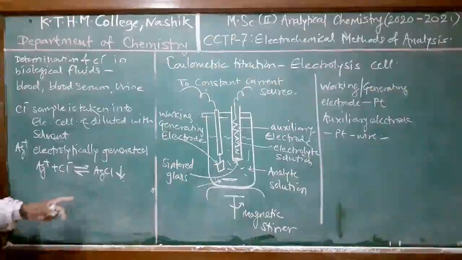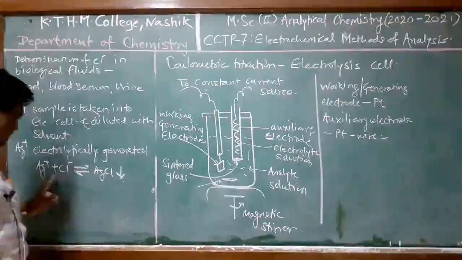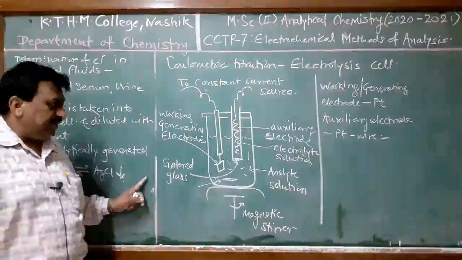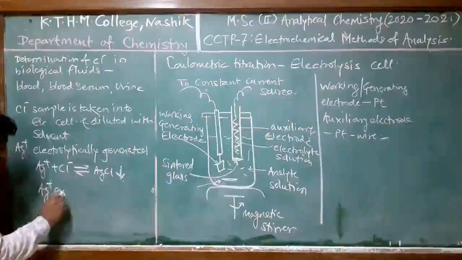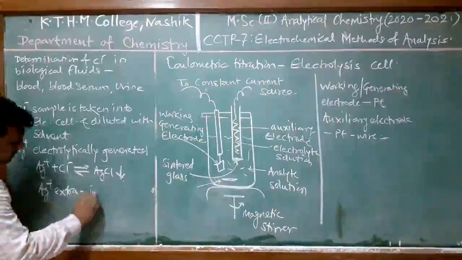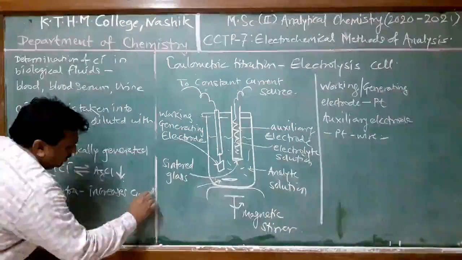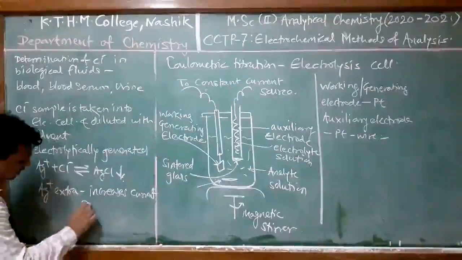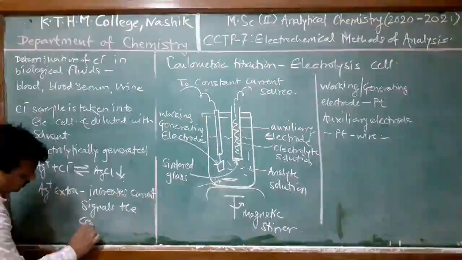And here, as this precipitation reaction is completed, excess or extra silver ion increases the current, and that signals the completion of the reaction.